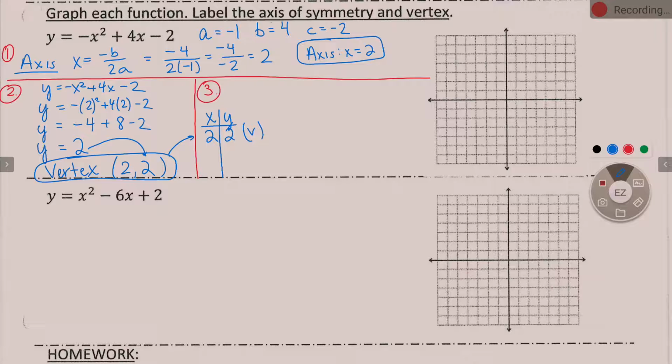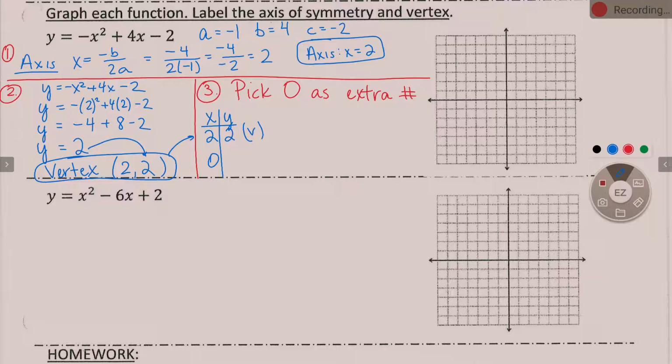Okay, so my recommendation is that you pick 0 as your extra number if you can. Now, can I pick 0 if 0 is already part of my vertex? No. But otherwise, I would pick 0. It just makes the math easier.